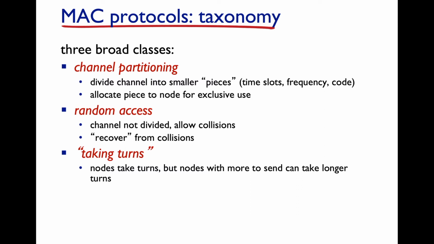And whenever you detect a collision, you recover from it. If you randomize, it's very rare that two hosts are going to use the channel at the same time, and the sharing is achieved through just how randomization works. Then there's turn taking. In turn taking, the nodes take turns, but nodes that have more to send can take a longer turn or more time for their turn.